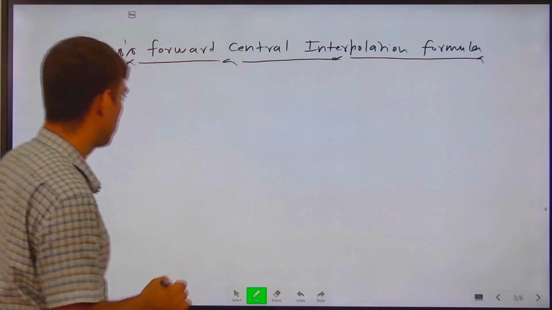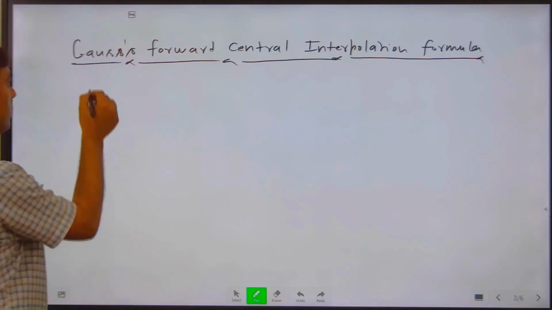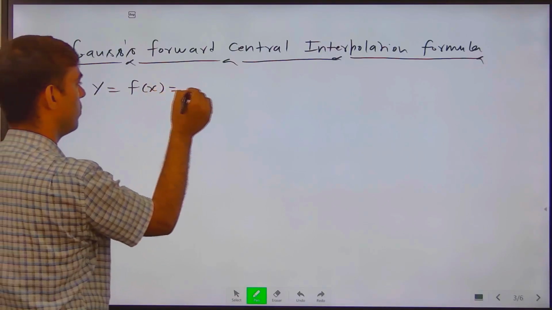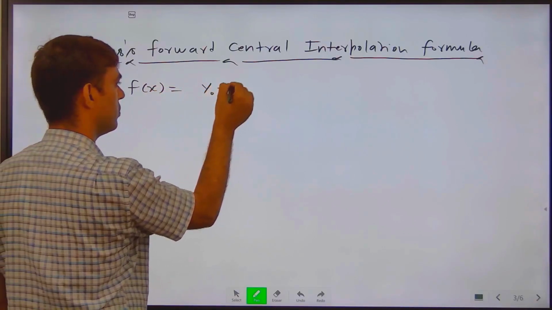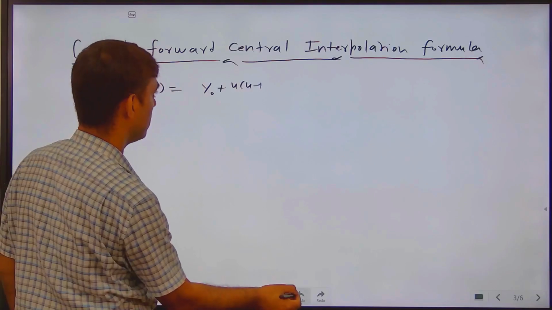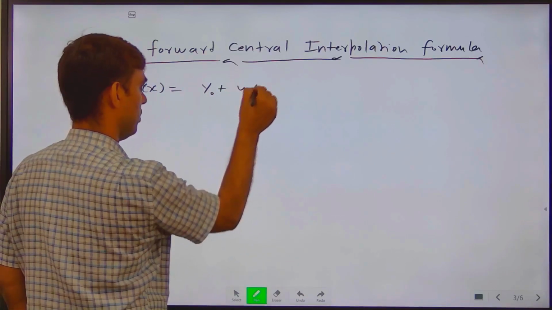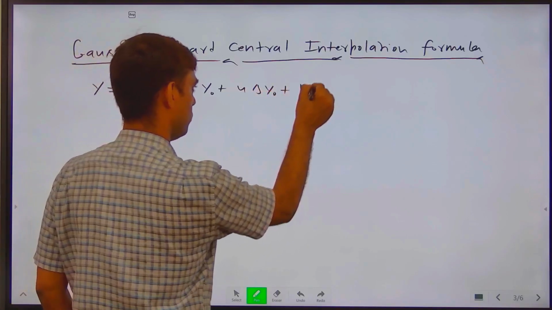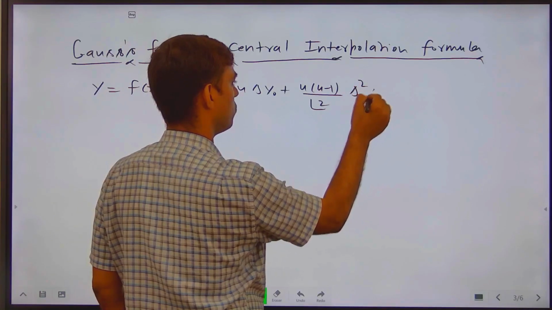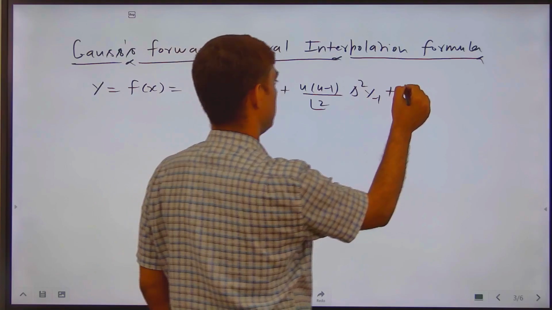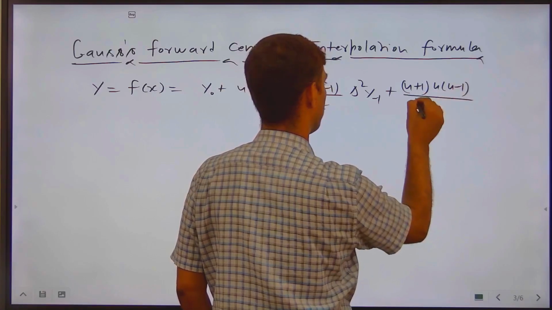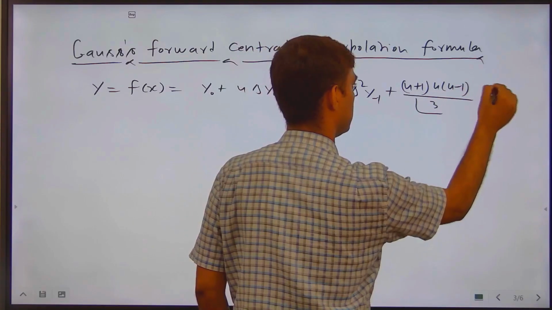So what is the Gauss forward central interpolation formula? We write y equal f(x) equal y0 plus u, sorry, not u minus 1, here we write u del y0 plus u into u minus 1 upon factorial 2 del 2 y minus 1 plus u plus 1 into u into u minus 1 upon factorial 3 del 3 y minus 1.